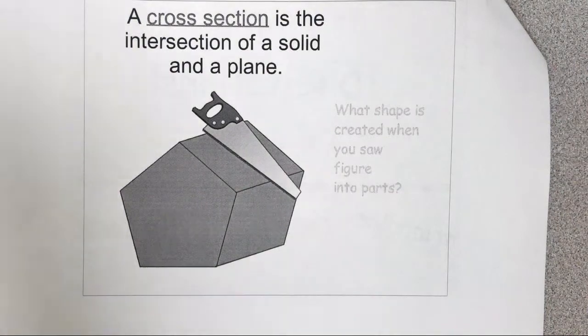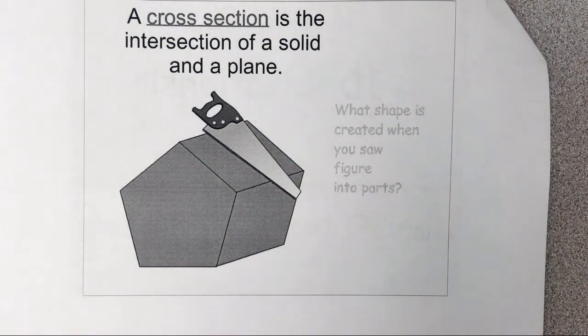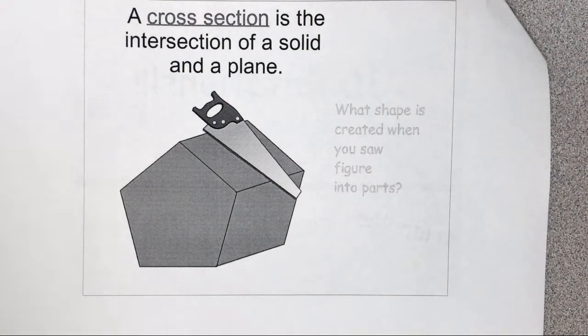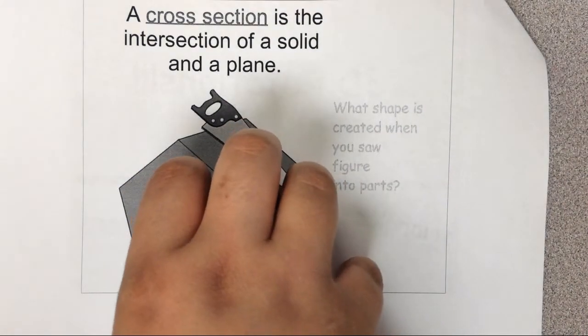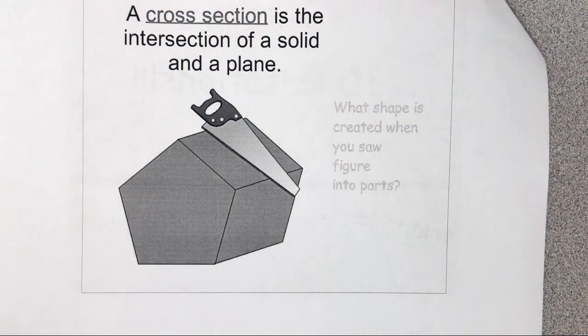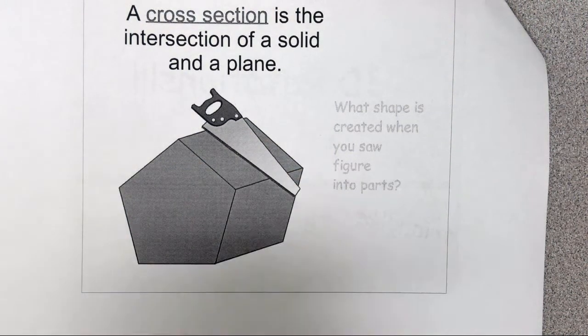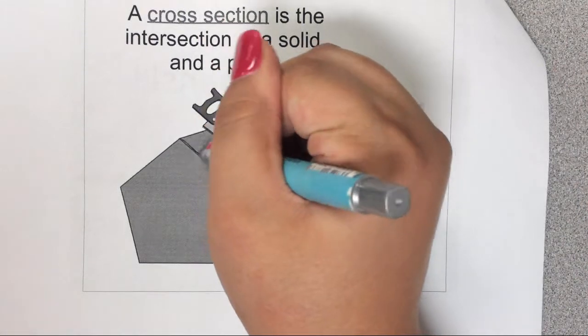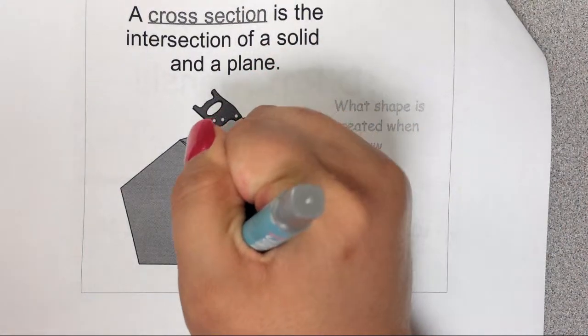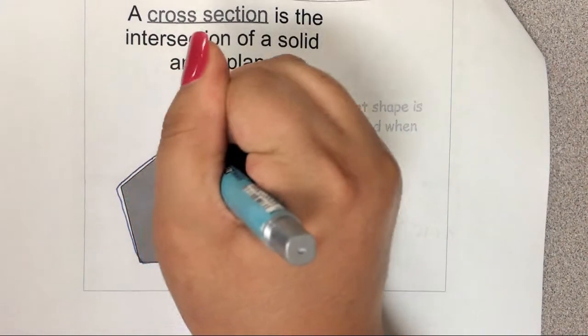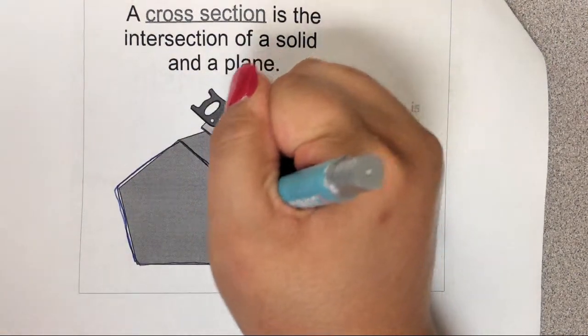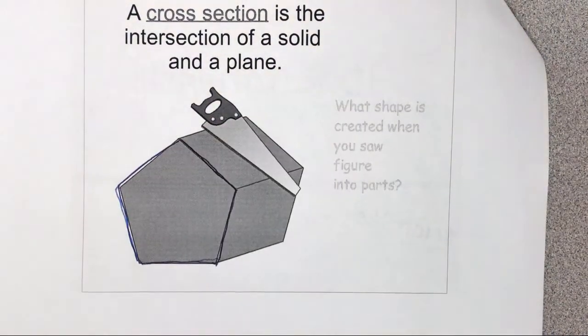If I were to saw this picture off, there exists a plane in the middle of it, okay? And I were to take whatever was left of the picture and stamp it on that plane, what would I see? Wouldn't you see just a pentagon? So that is going to be the cross-section of this pentagon.